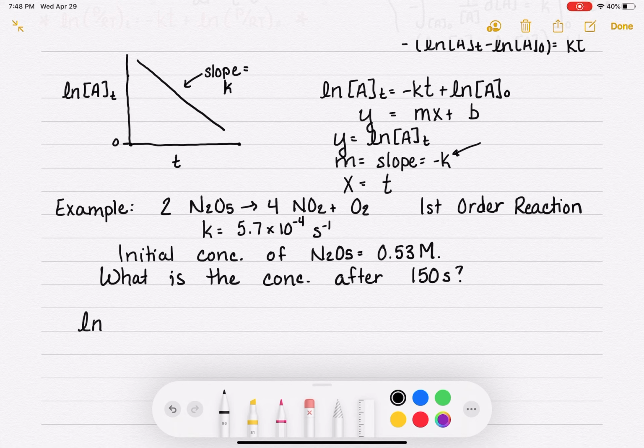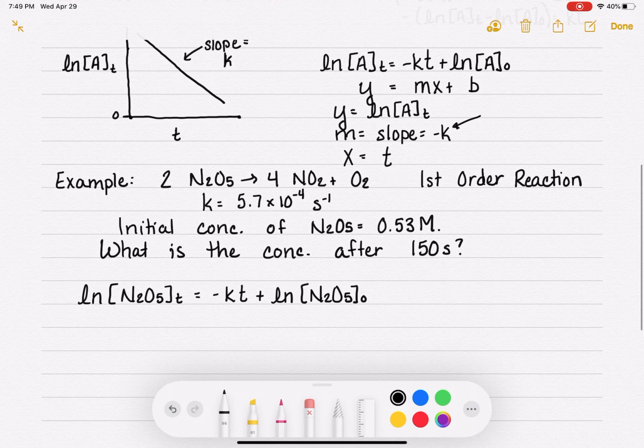And since it's telling us that it's a first order reaction, that means we're using the integrated first order rate law. So that's going to take the form, the natural log of N2O5 at time t, that's what we're trying to figure out, is negative kt plus the natural log of the concentration of N2O5 initially at the beginning of the reaction.